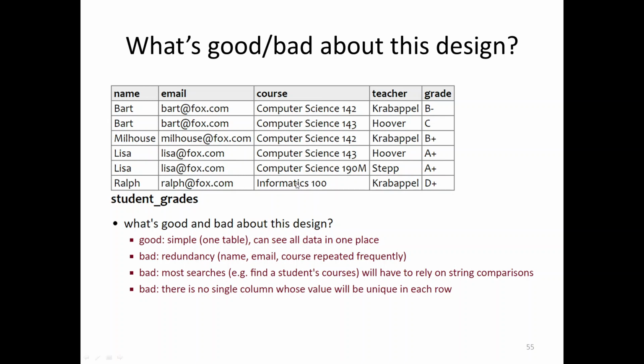And there is no one column, or minimized set of columns, that can uniquely identify a record in this table. There's no primary key column. The primary key for this entire table would be all columns.